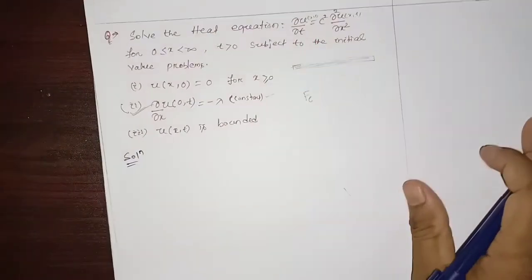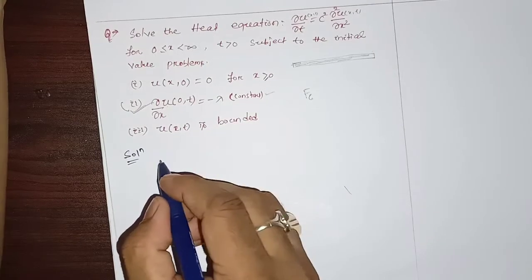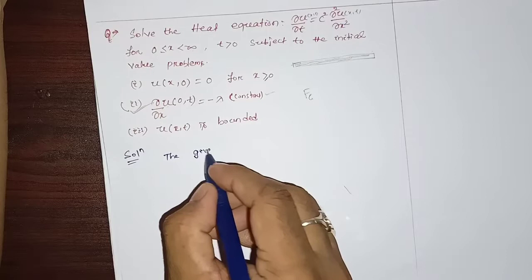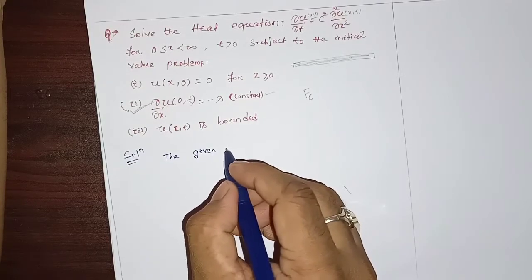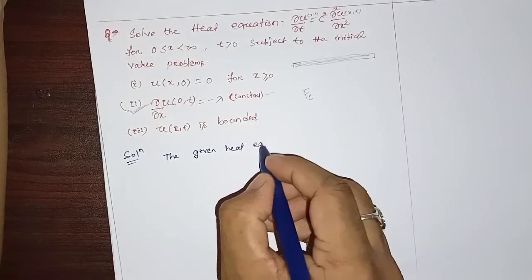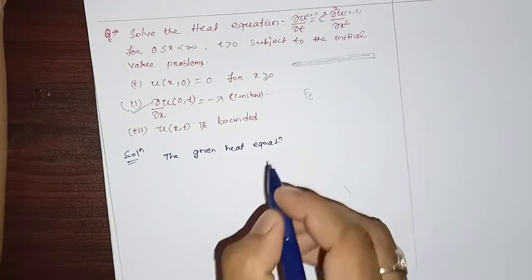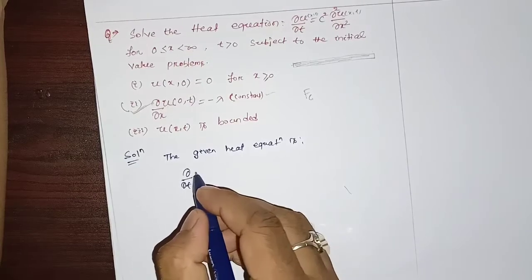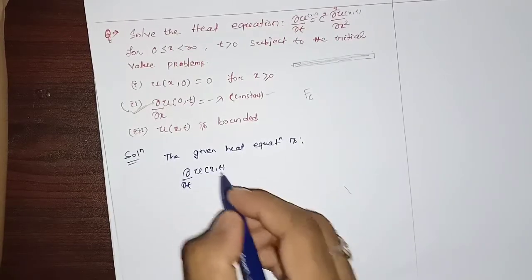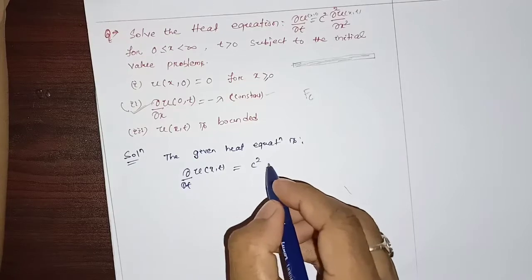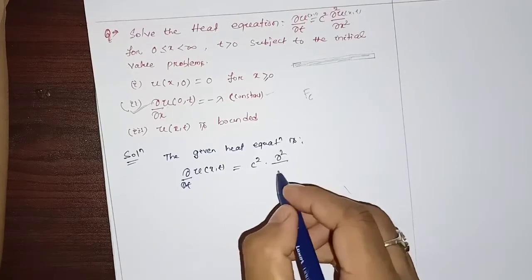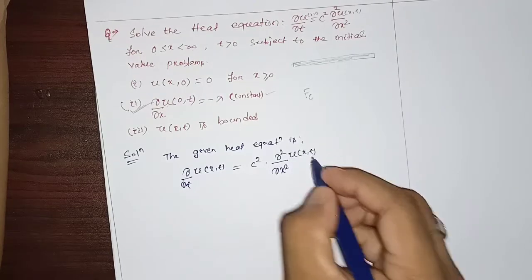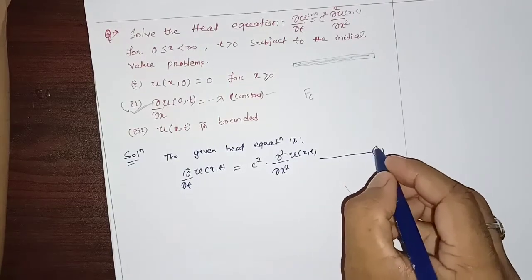So we write the given heat equation: ∂/∂t of u(x,t) equal to c² into ∂²/∂x² of u(x,t). Let this be equation number 1.